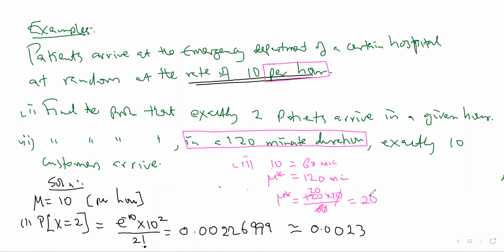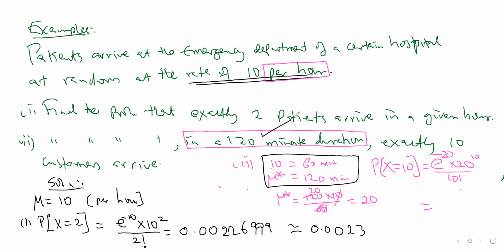And the other part will remain. So probability that we have x being equal to 10, this is the same as e raised to power minus mu, which is 20, times 20 raised to power 10 divided by 10 factorial. So please notice that what is important is that you need to transform mu to fit the interval that you are given.